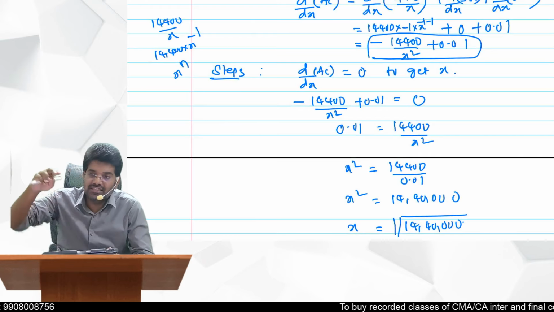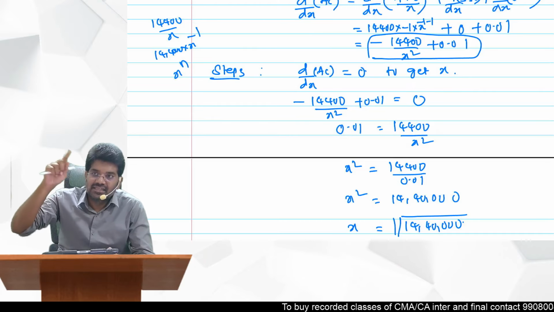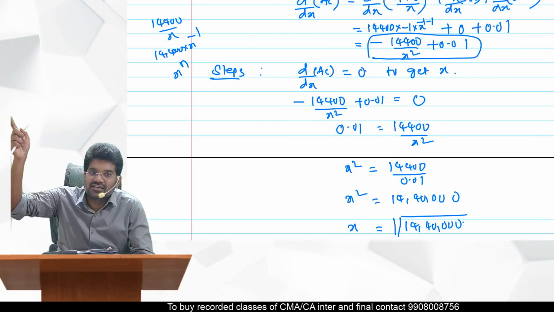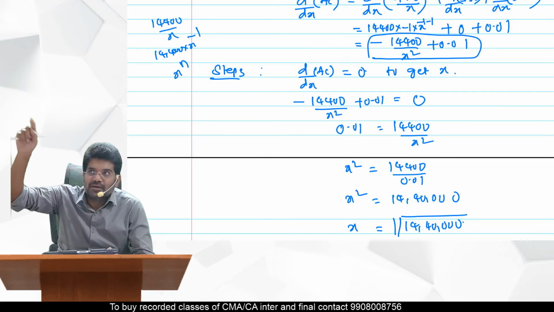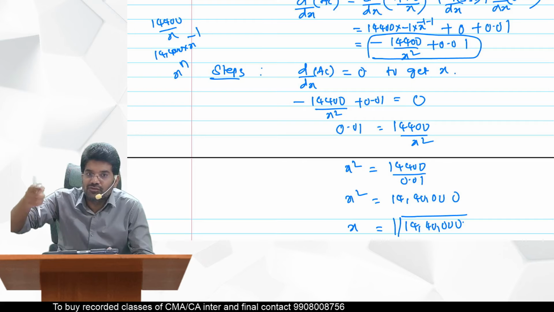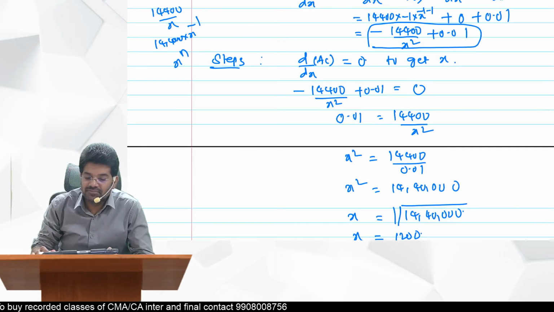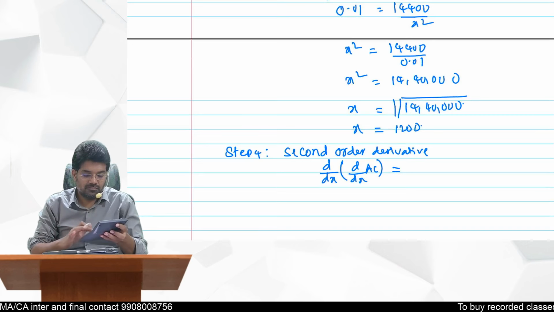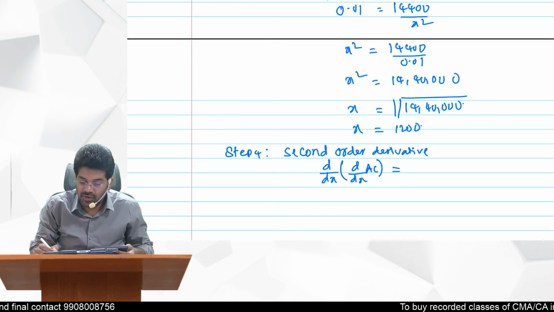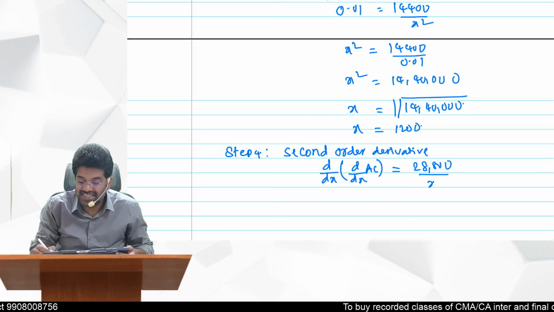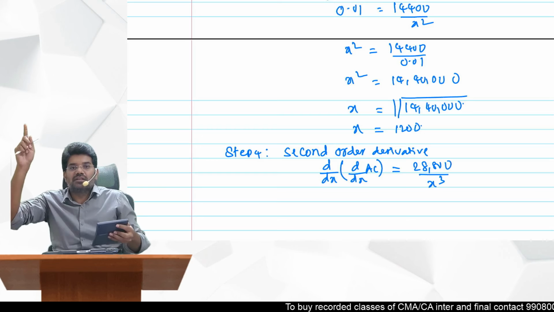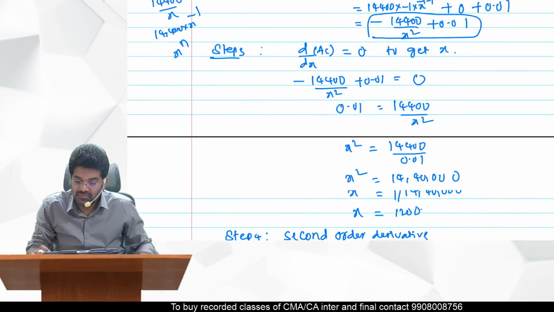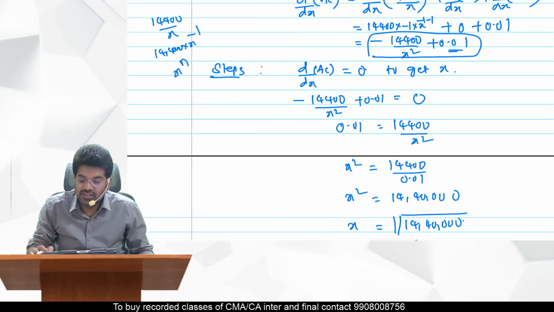Again x square we can write as x power minus 2, then again minus 2 into x power minus 2 minus 1, so minus 2 into x power minus 3. Minus 2 into minus 14,400 gives plus, so 14,400 into 2 is 28,800, divided by x cube. And d by dx of the constant 0.01 is 0.